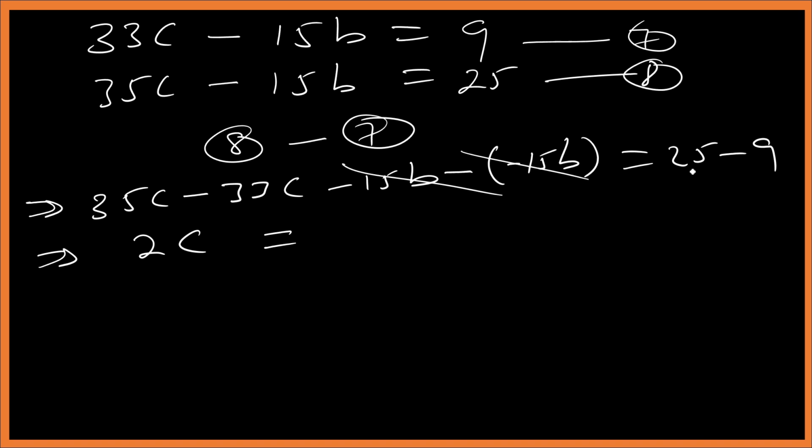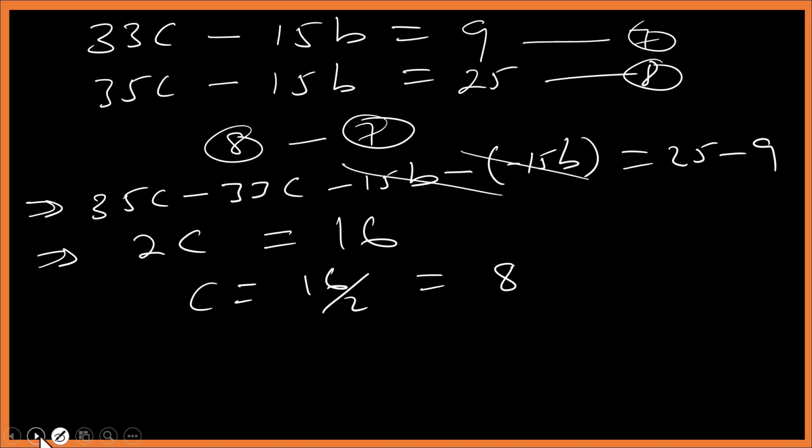So we have 16. So my c is 16 over 2, which is 8. So we have c as 8.